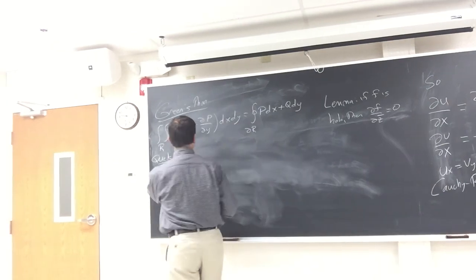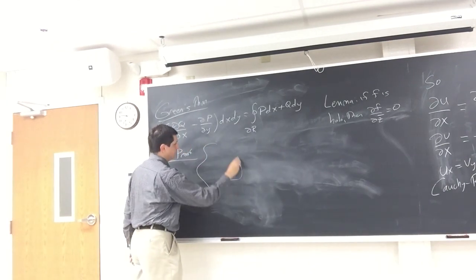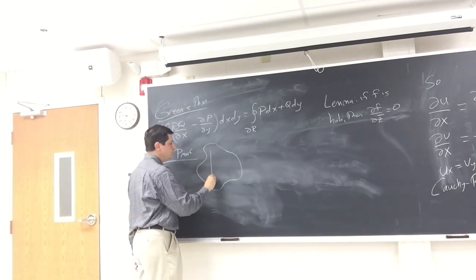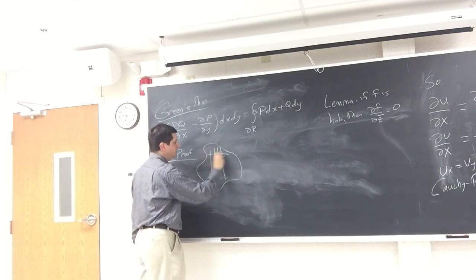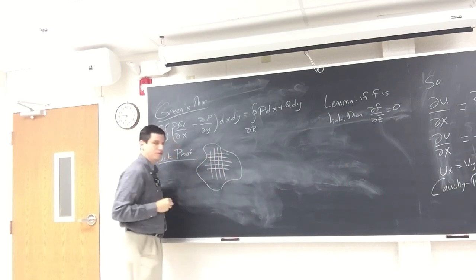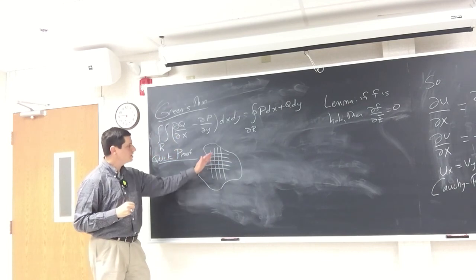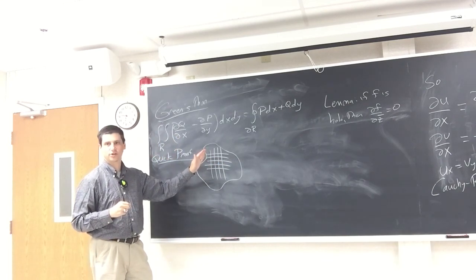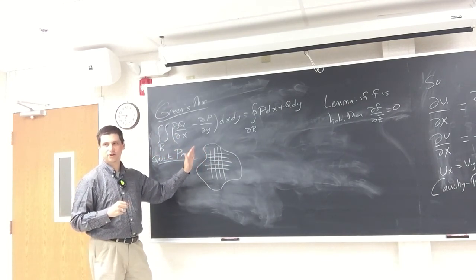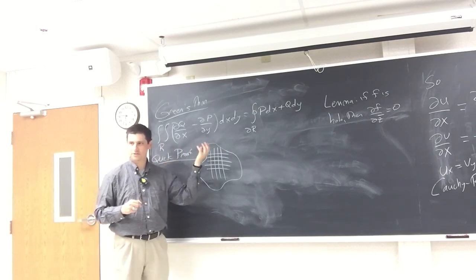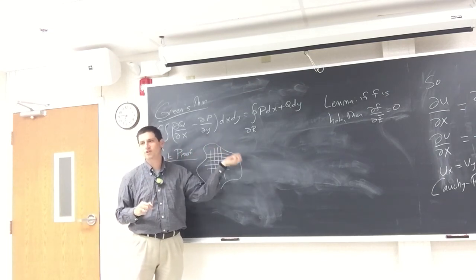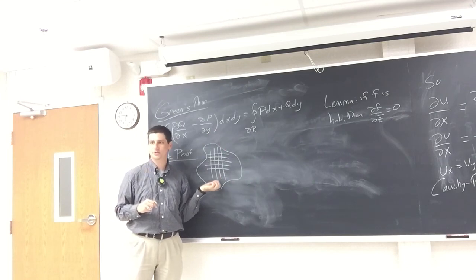Okay, so now why is this true? Let's say I give you some region. I'm going to divide it up into a lot of boxes. Then you have to be a little careful as you get onto the boundary. I'm not going to worry about what's going on at the boundary. This is where professors earn their paycheck, by proving rigorously that you can deal with the boundary issues.